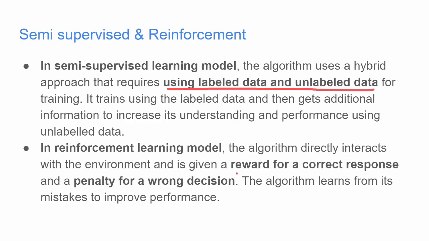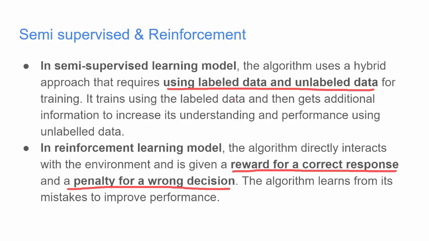It will give a reward for correct responses, and it will give a penalty for wrong decisions. So the algorithm learns from its mistakes to improve performance. So it's like both reward and penalty as per the decisions. So this is called the reinforcement machine learning algorithm.